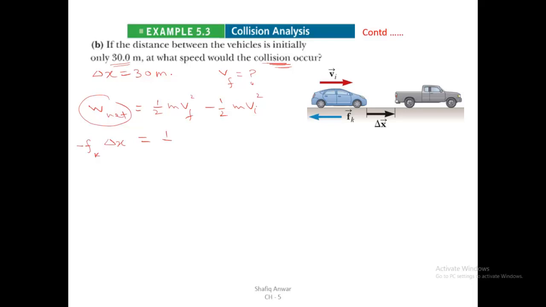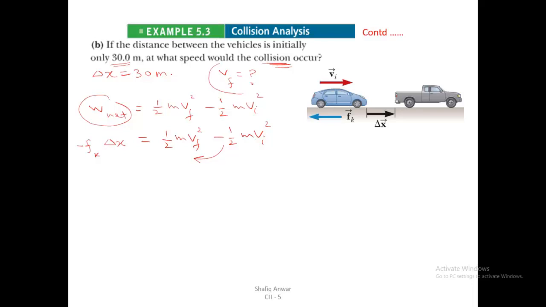Half m Vf square. So you need this one, Vf. So I keep Vf on one side, I take this to the other side, it will become positive.